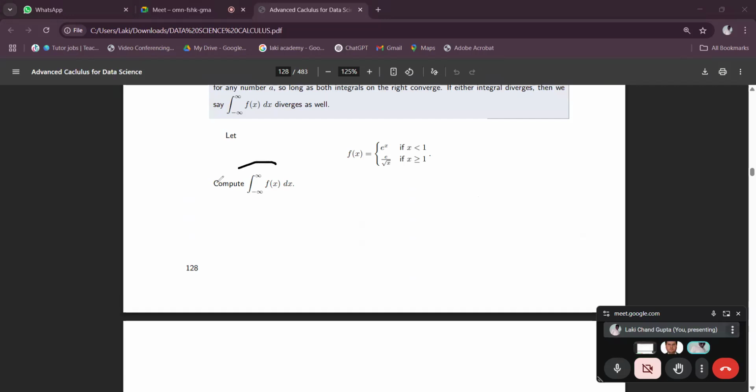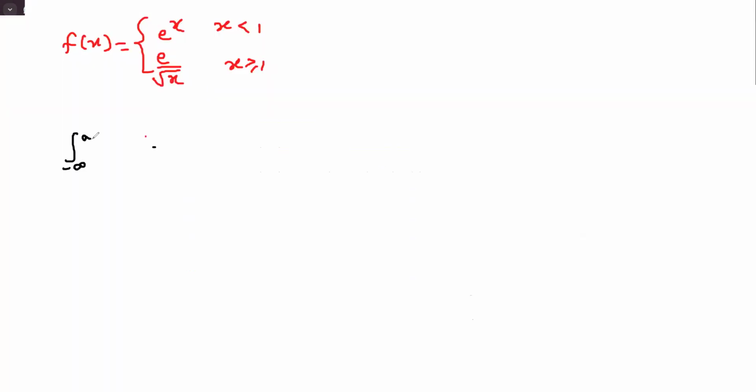Suppose you want to compute the value from minus infinity to plus infinity. First you have to go from minus infinity to 1.